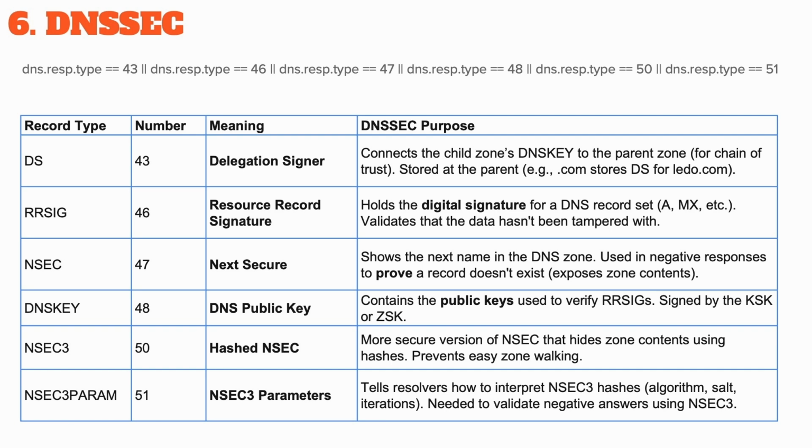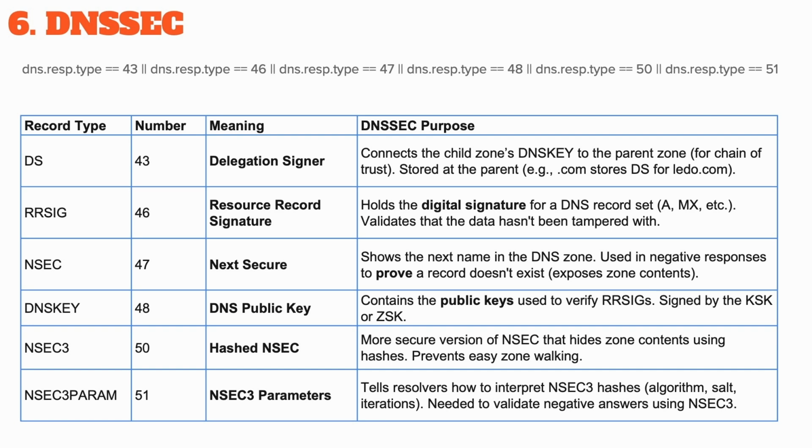DNSKEY 48 is the DNS public key, and NSEC3 number 50 is hashed authenticated denial of existence. Finally, NSEC3PARAM 51 is the NSEC3 parameter, telling the resolver how to interpret the NSEC3 hash algorithm, needed to validate a negative answer using NSEC3.